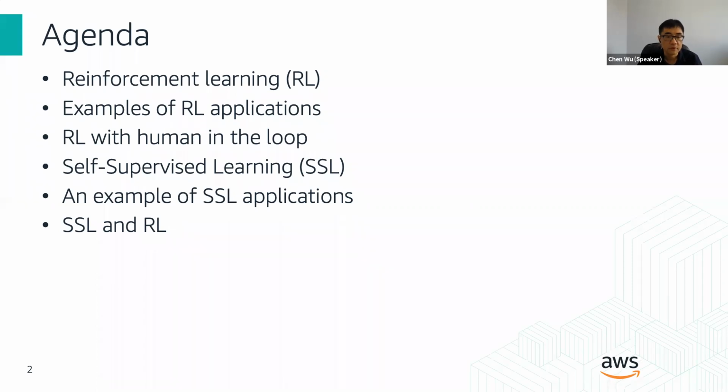And then I will redirect attention to self-supervised learning, giving you an example of a self-supervised learning application, and also try to establish some connections between self-supervised learning and reinforcement learning. So I hope you find that interesting.